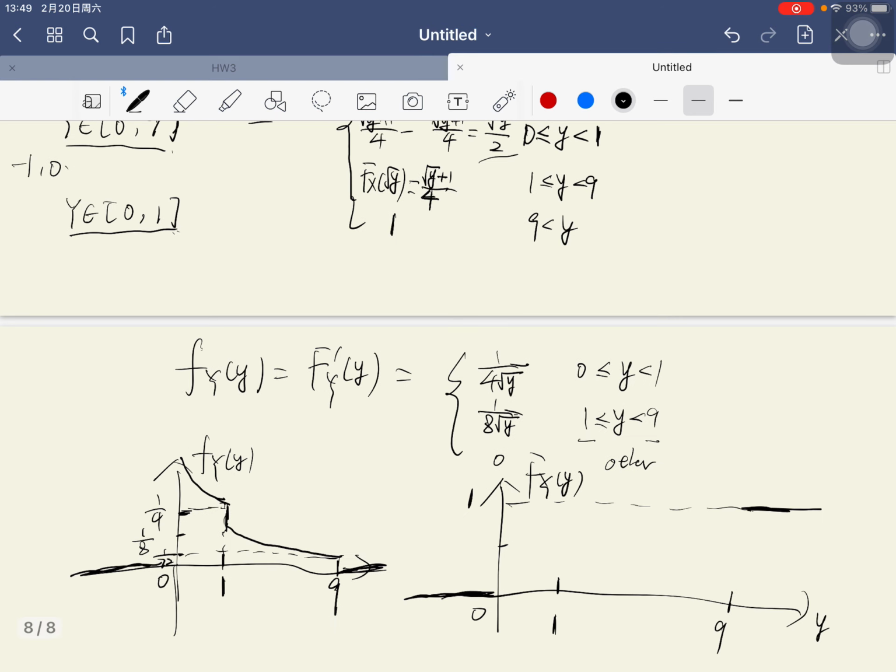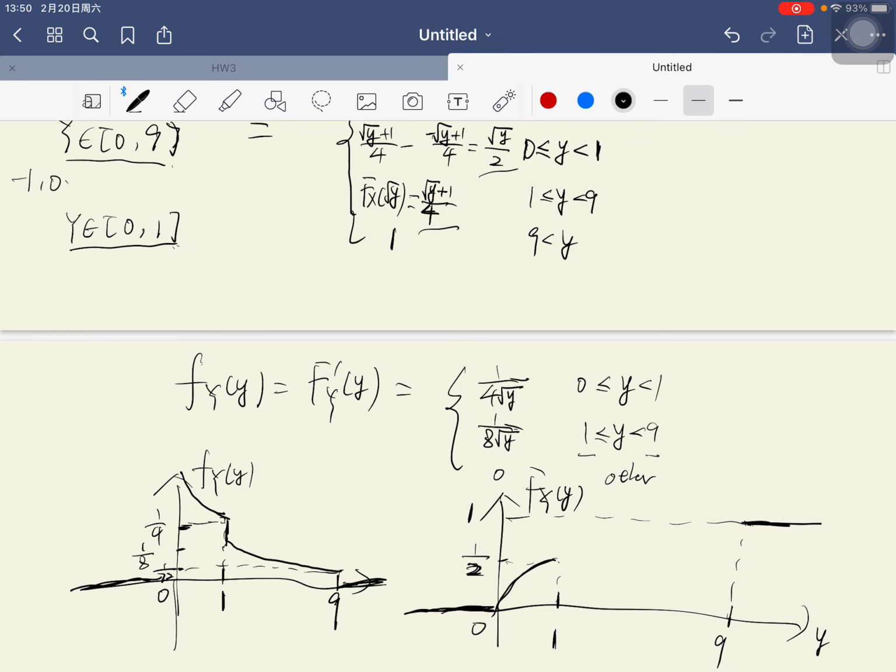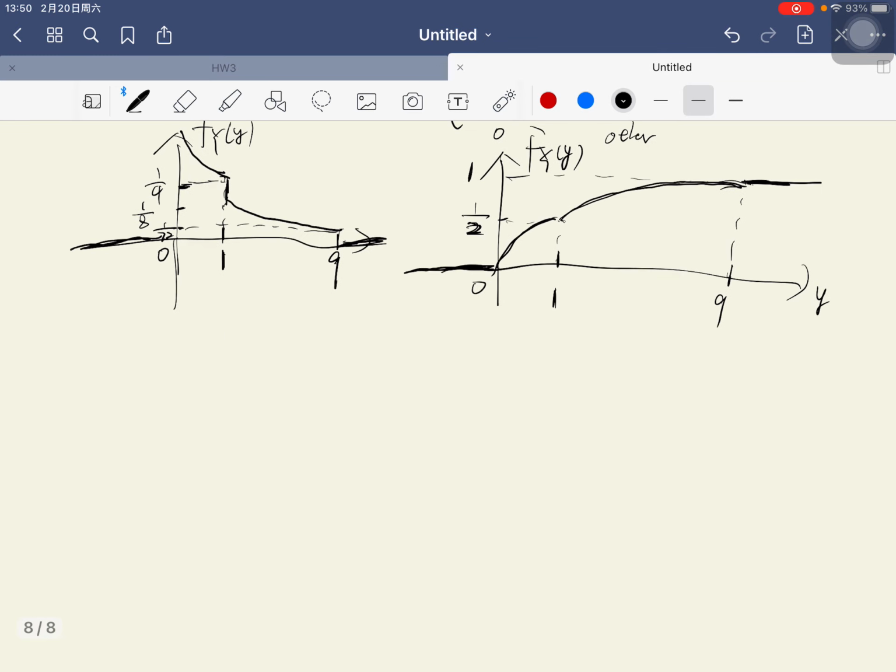So we could draw it: the value at 1 is 1 over 2, this is this curve, and for this part it is this curve. So this is the graph of the distribution function, and we want to compute the expected value of Y.